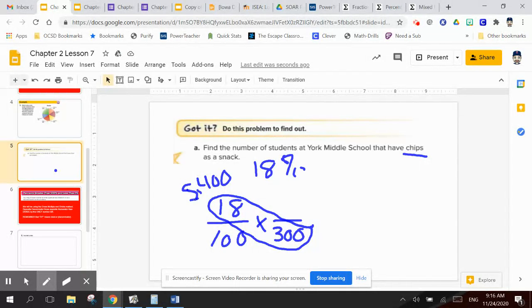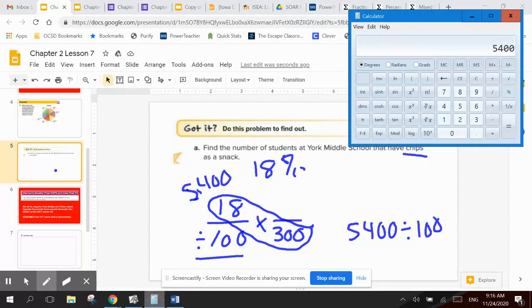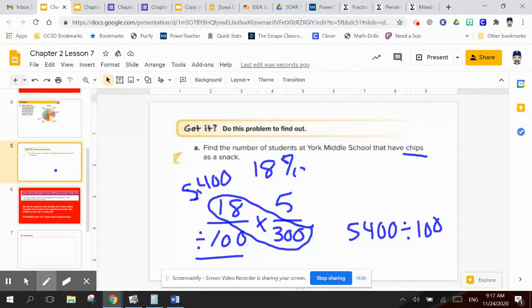And I'm going to divide that by the only number that I have left, which is 100. So I have 5,400 divided by 100. So I go to my calculator, I divide that by 100, and my answer is 54 students enjoyed chips.